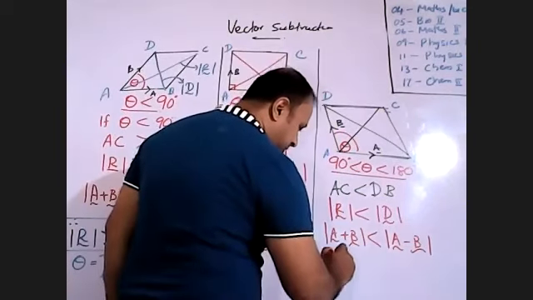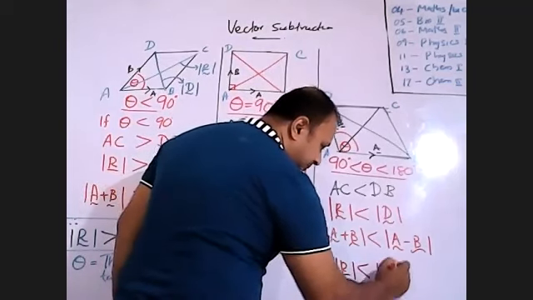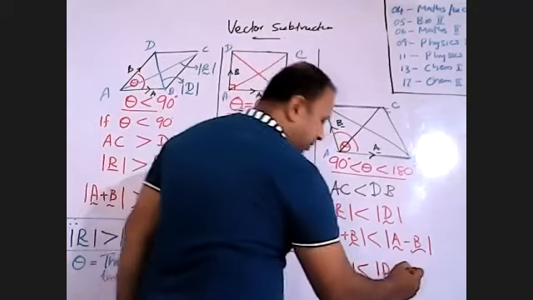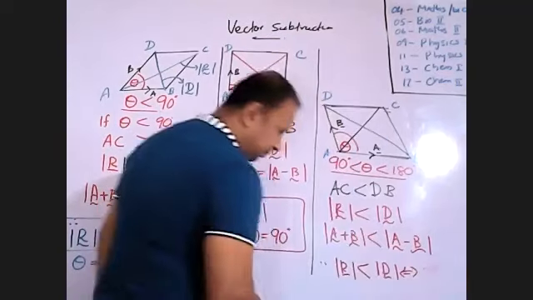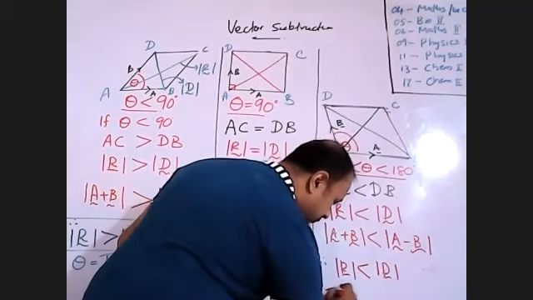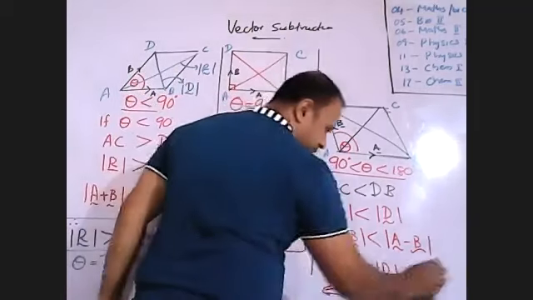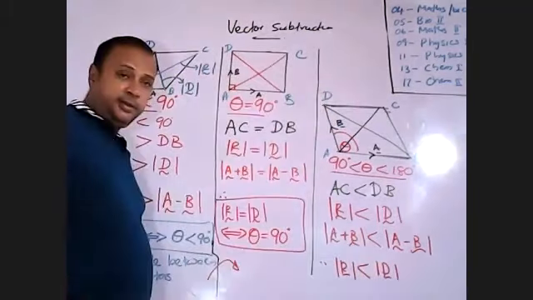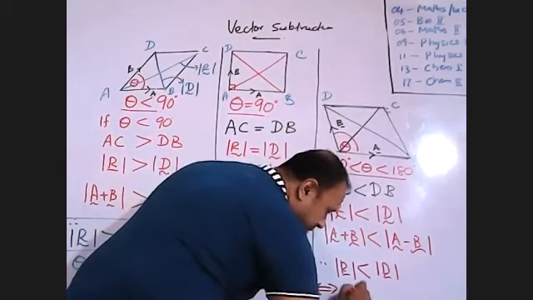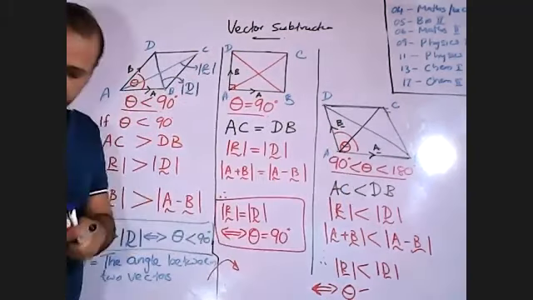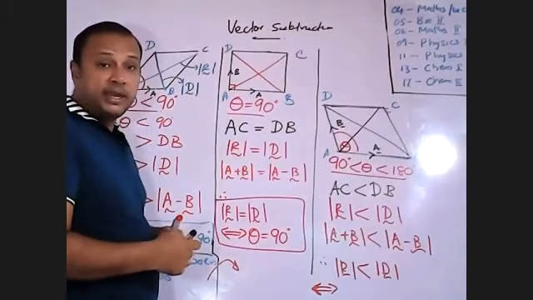So therefore, if the modulus of R is lesser than modulus of D, then I can say theta is greater than 90 and lesser than 180.